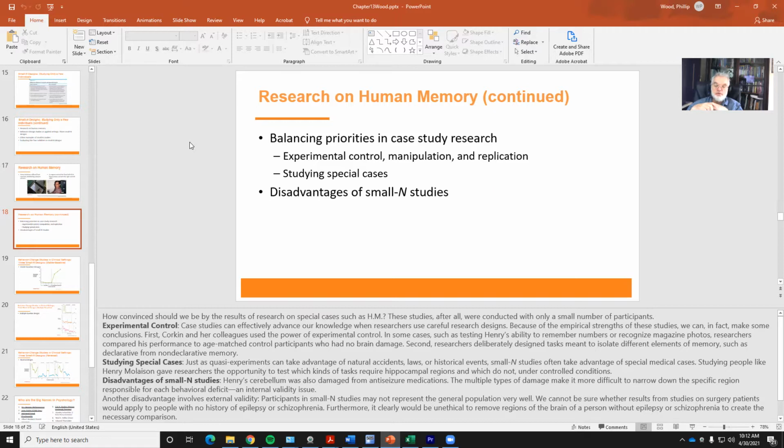We don't really have a pre and post study of Henry. I mean, we have some impressions, but not a formal assessment about how his memory was working before surgery or after surgery. We also don't know if something else got disturbed in the course of the operation that was really what caused this to happen.